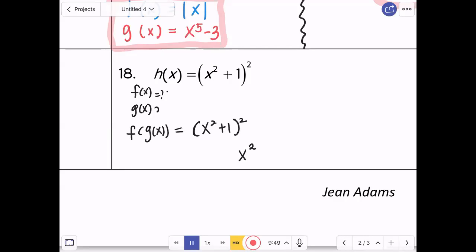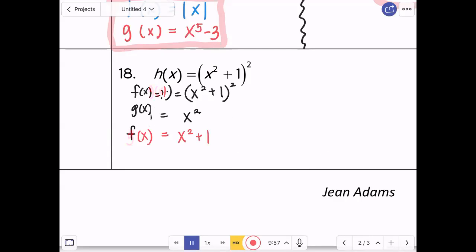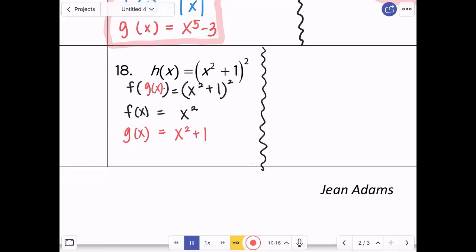The other function is x squared plus 1. So I am going to assume f of x is equal to x squared and g of x is equal to x squared plus 1. Let's check if it is true.